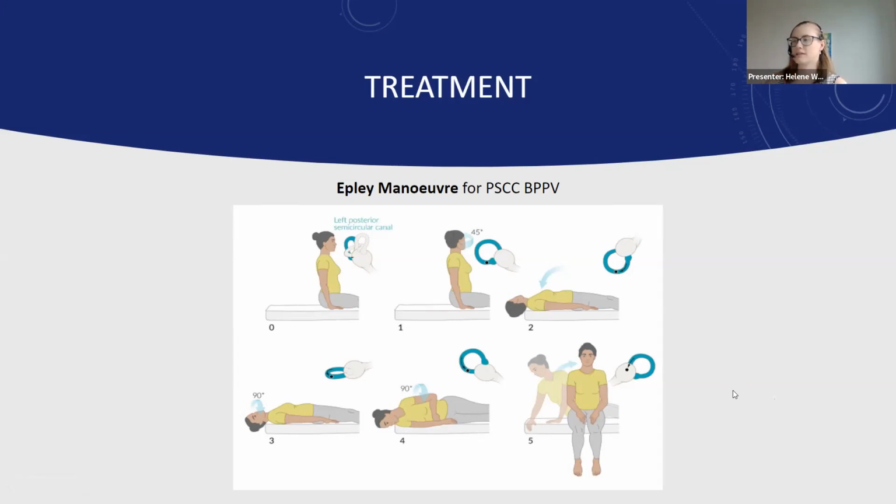So as I mentioned, posterior BPPV is the most common, and the main treatment for it is the Epley maneuver. So essentially we're laying the patient down and rotating them in order to get the otoconia back to the otolithic organs where it can be dissolved back into the system, absorbed back into the system.